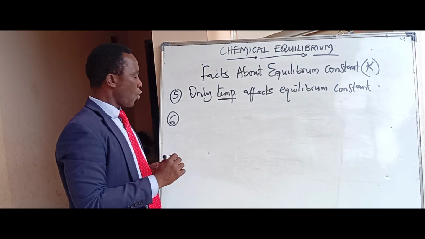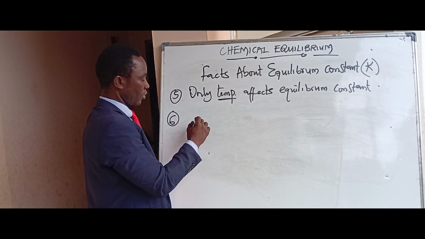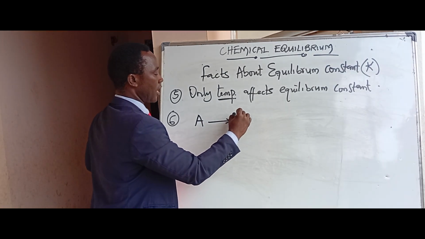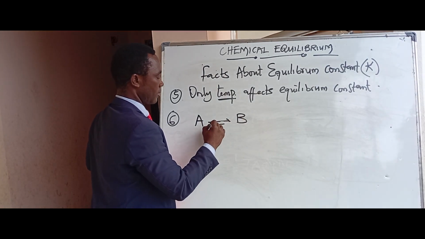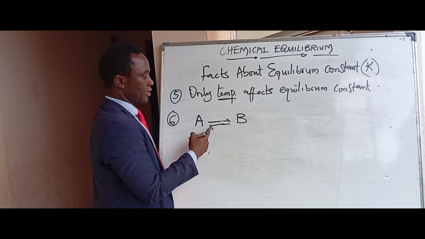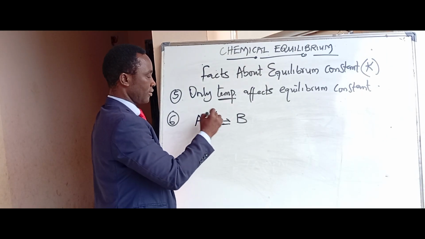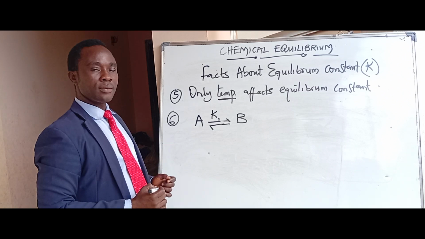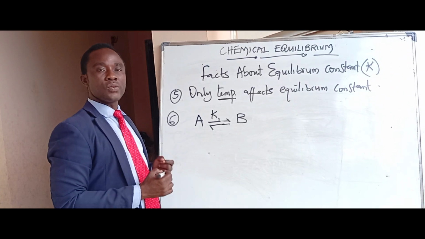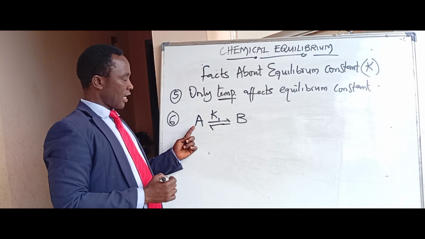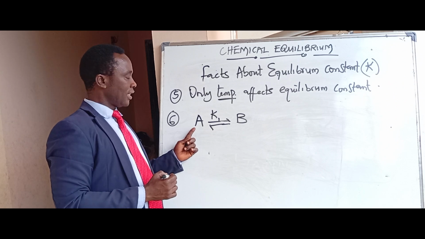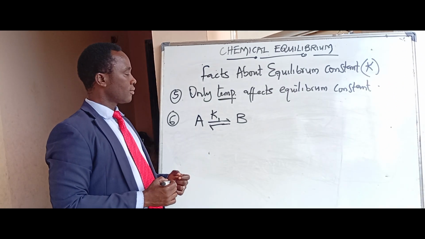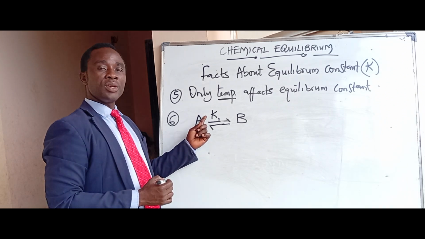Now, if we have a reaction A to produce B, and it is in equilibrium, its equilibrium constant is K1. Let me use K1 because this is the first reaction.